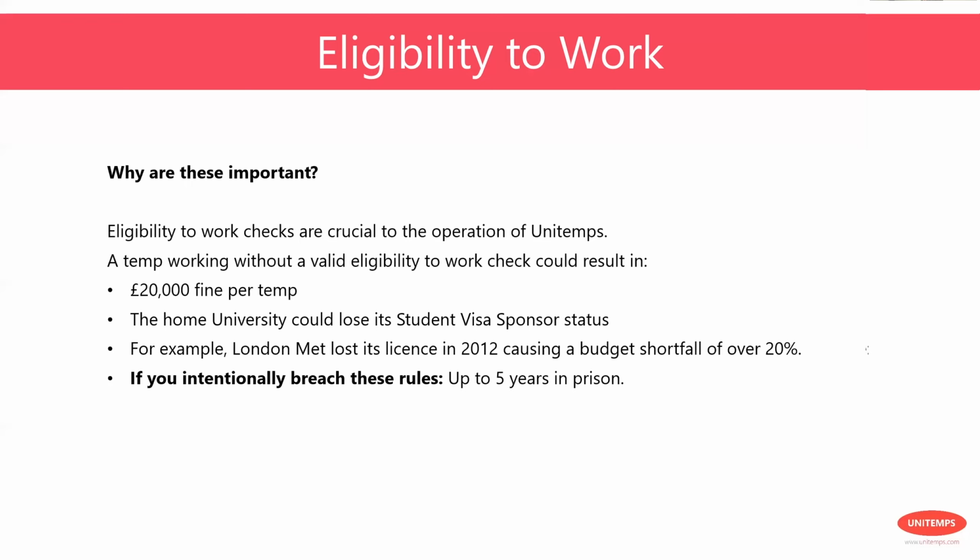But I think it's useful to be aware of that because sometimes in higher education, we can have trouble getting buy-in from academics or managers around the university. And they tend to pay a little bit more attention when you say, you have to do this right. Otherwise, if you're intentionally not doing this right, you could go to prison. And then they tend to view it a little bit more seriously.